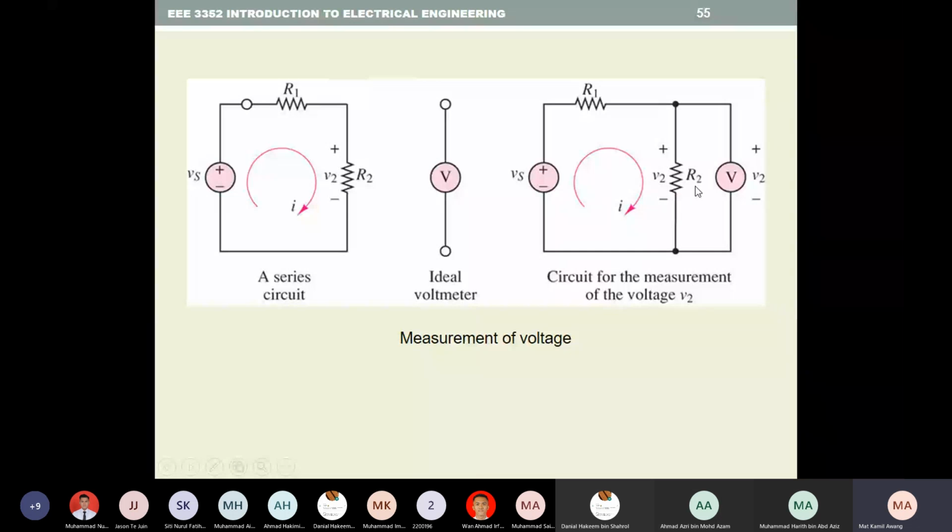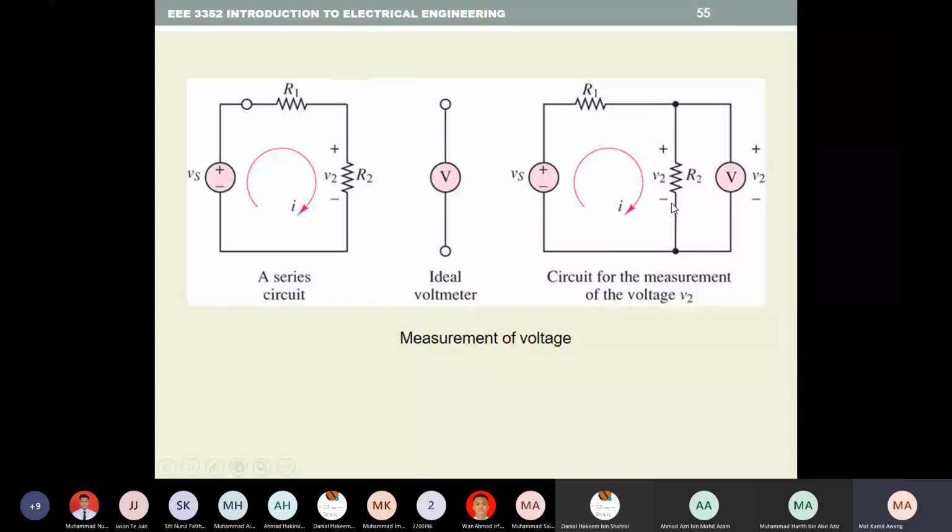If this voltmeter is not an ideal voltmeter, you will have current flowing here. So what happens is that, with a current divider, the current flowing in R2 is not I anymore.